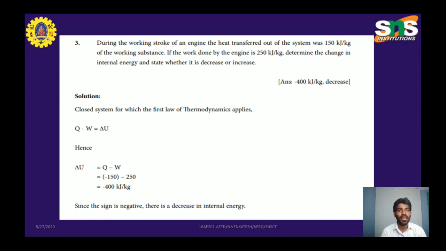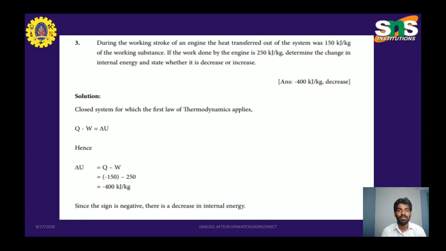From the given problem, the heat transfer is Q, 150 kilojoule per kg, and the work done by the engine is W, 250 kilojoule per kg. We can find the change in internal energy, del U, and state whether it is a decrease or increase.